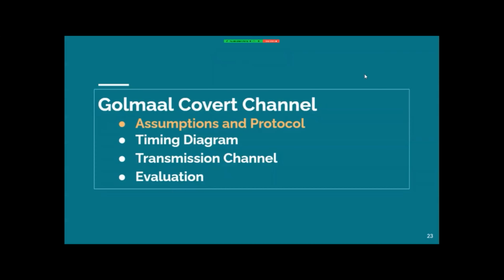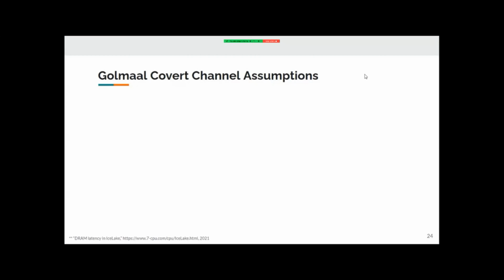To further understand the Golmaal covert channel, we have divided our slides into 4 sections: assumptions and protocol, timing diagram, transmission channel, and evaluation. The Golmaal covert channel has some assumptions. Let's start with theoretical assumptions. Shared memory agreement.